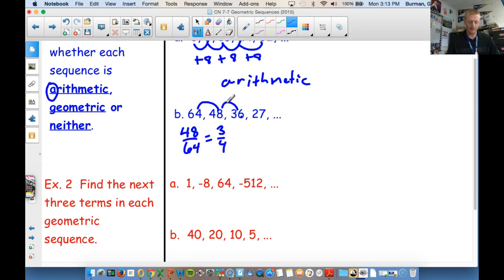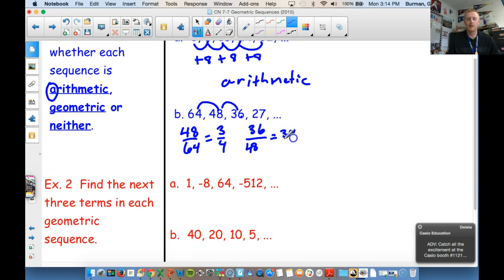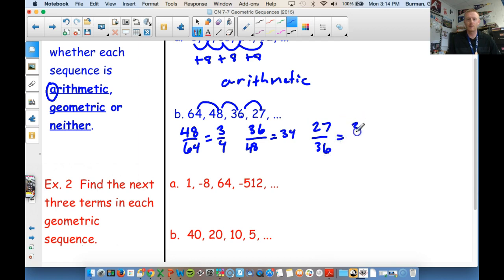And 36 to 48 simplifies to 3/4. And then the same thing, 27 to 36 is also 3/4. I used a calculator just to go a little bit quicker here.